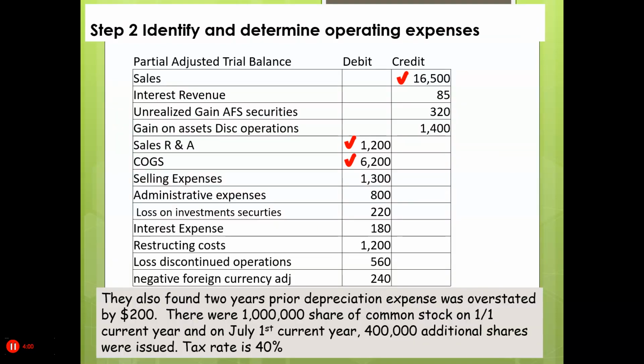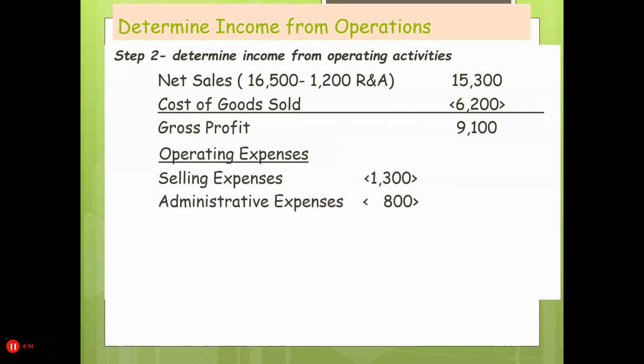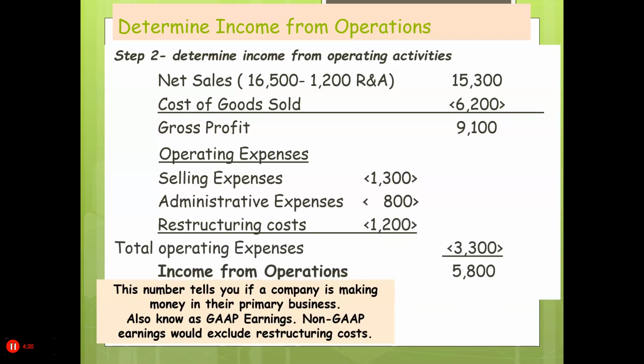Now let's determine our operating expenses. It would include our selling, our administrative, and our restructuring costs. So now we take our selling, administrative, and restructuring costs, and now we have income from operations. This number tells you if a company is making money in their business.